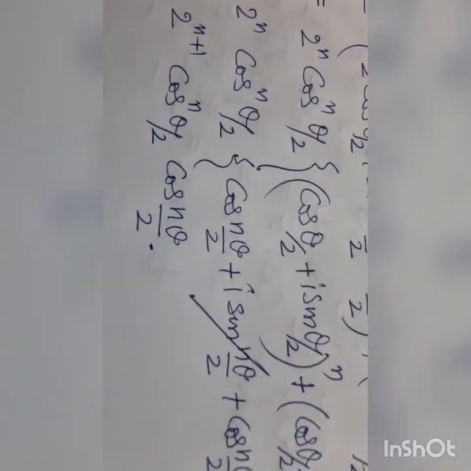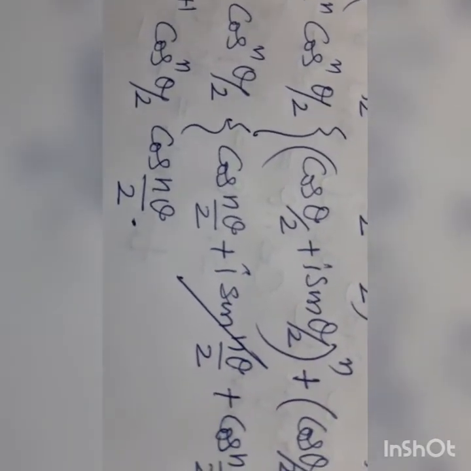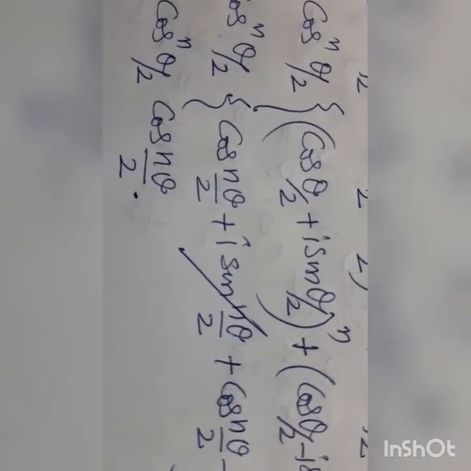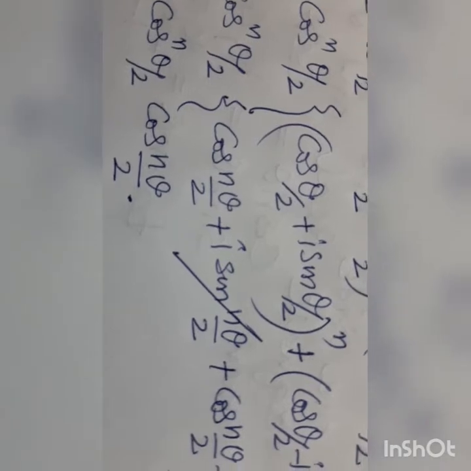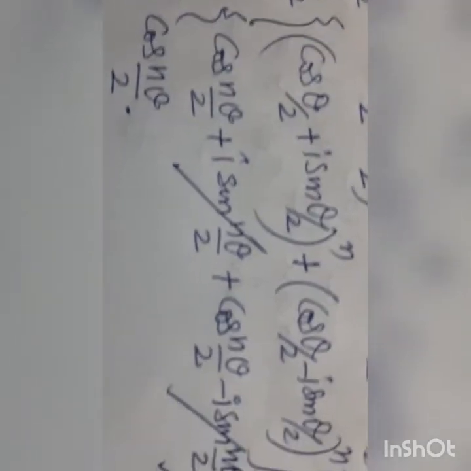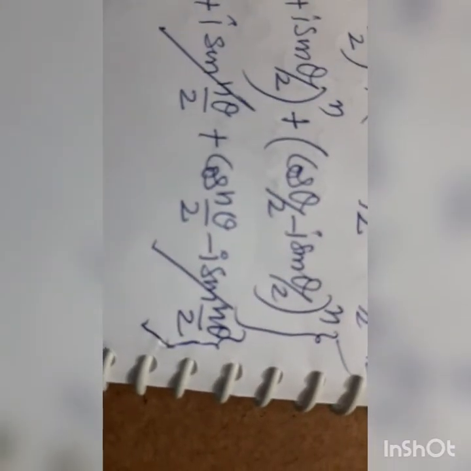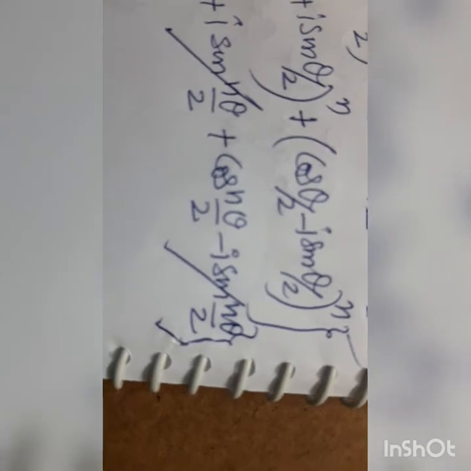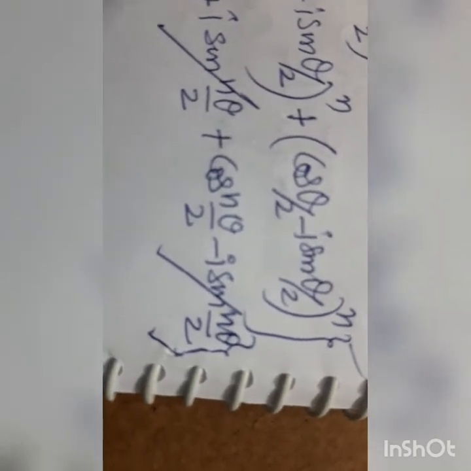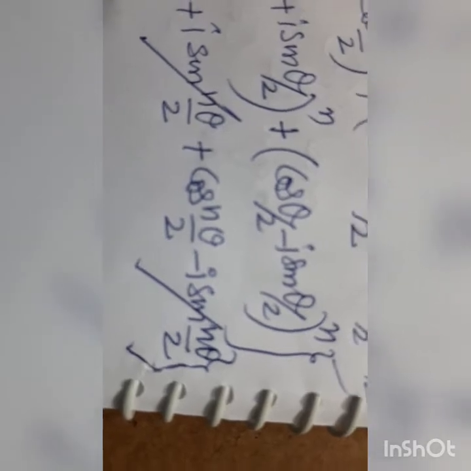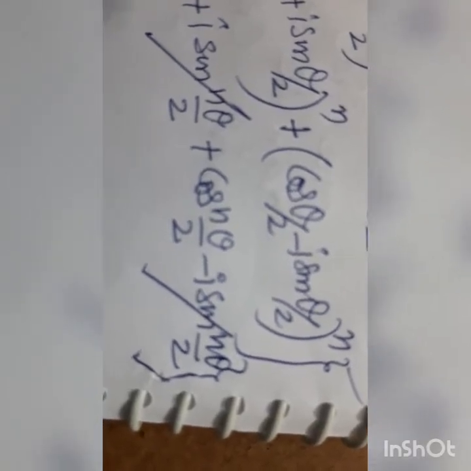According to De Moivre, (cos theta by 2 plus i sin theta by 2) whole power n can be written as cos n theta by 2 plus i sin n theta by 2, plus cos n theta by 2 minus i sin n theta by 2. What De Moivre said: the index or the power n can be multiplied with the amplitude or argument theta by 2.